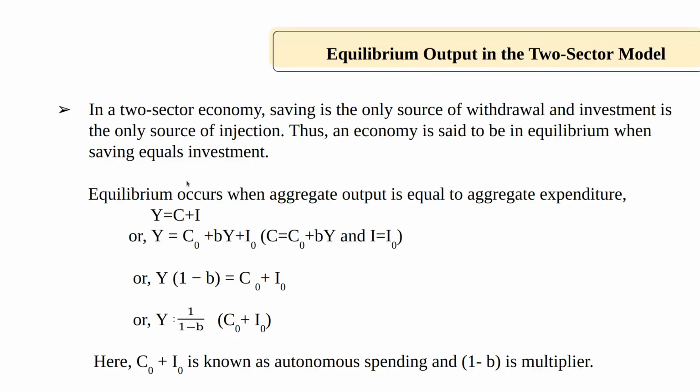Let me give you a summary of equilibrium output. In the two-sector model, it happens when saving is equal to investment.